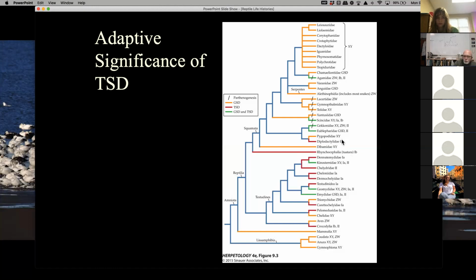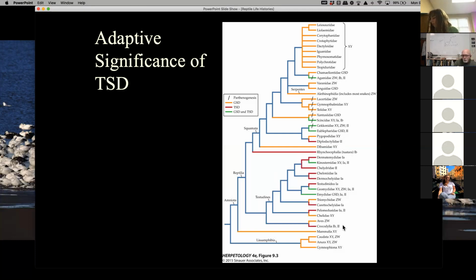And the other thing that you'll notice in this phylogeny is it not only tells you in those cases where you do have temperature-dependent sex determination, it also tells you what types of temperature-dependent sex determination you have. So even within Crocodilia, you have 2 different types of sex determination.